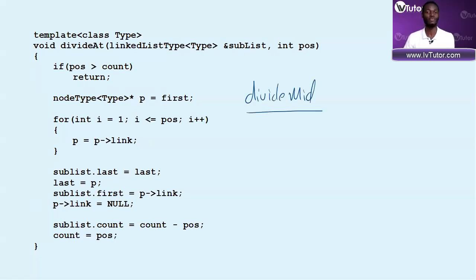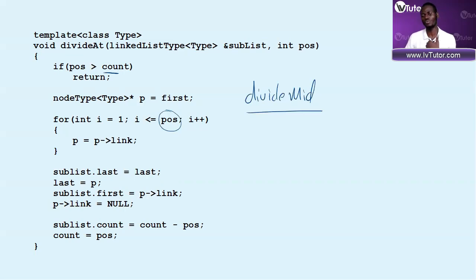So you have to calculate the middle on your own by going count over 2. So it's a slight variation to this one because here you have to calculate the position on your own, right? By using the number of nodes that you have.